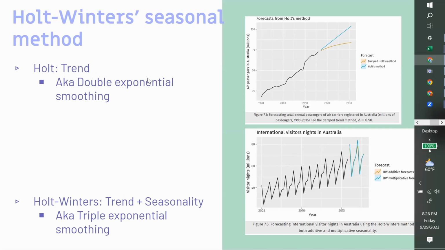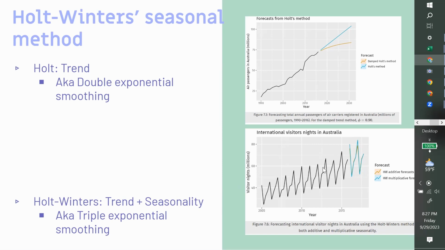Regular simple exponential smoothing doesn't take into account any trend or seasonality, but then Holt added trend. And Holt's model, when you just use trend, is called Holt's forecasting or double exponential smoothing forecasting. Then Holt-Winters came around, and Holt and Winters added another thing to it, which is seasonality. It's also called triple exponential smoothing.